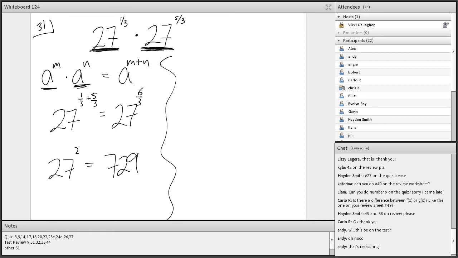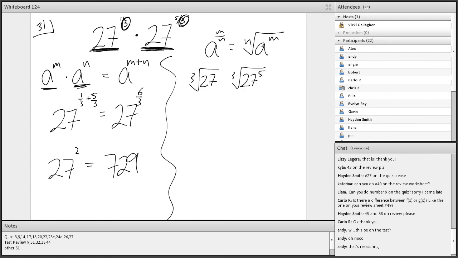Another thing you could do is use the rule about exponents that says a fractional exponent turns into a radical. So this would be the cube root of 27, and this would be the cube root of 27 to the fifth.